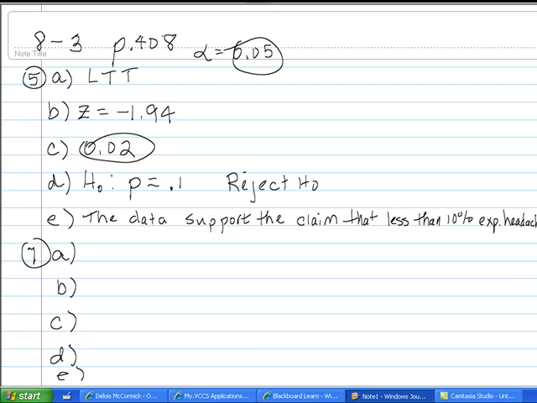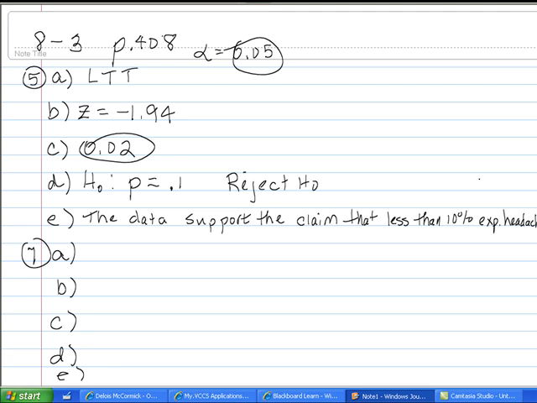A PriceGrabber.com survey of 1,631 randomly selected adults showed that 555 of them have heard of Sony Reader. The following StatDisk display results from a test of the claim that 35% of adults have heard of Sony Reader.